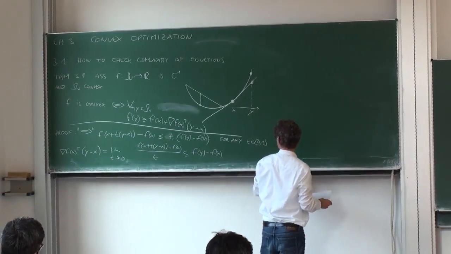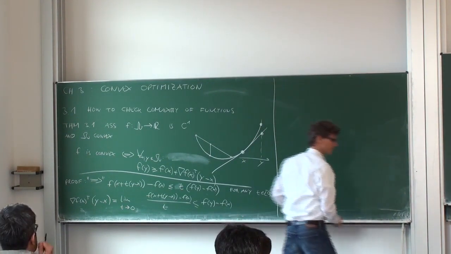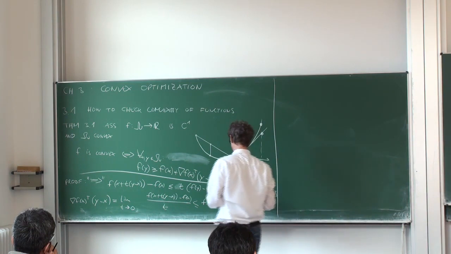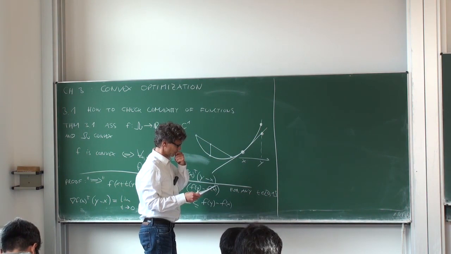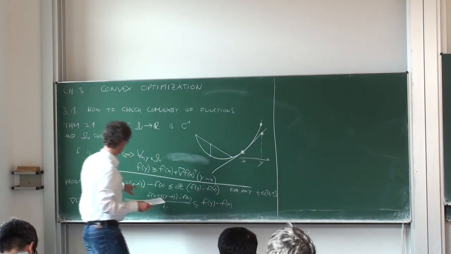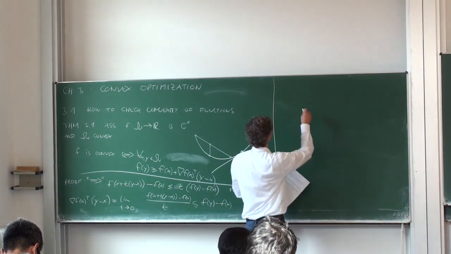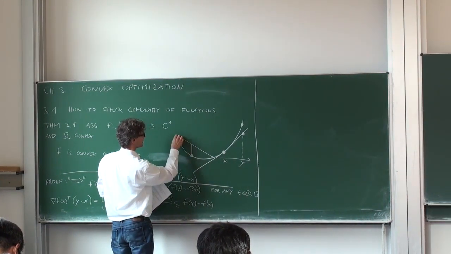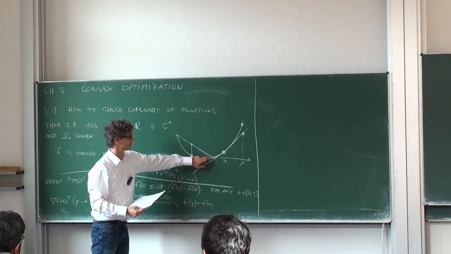And I will do it on the right side of this blackboard. And here we need to go through a slightly different reasoning. What we want to show is the convex inequality, and I will call the point in the middle, I will give it a special name. So what I want to prove is that the function at this point will be smaller than the linear interpolation, the secant between a point x and a point y.